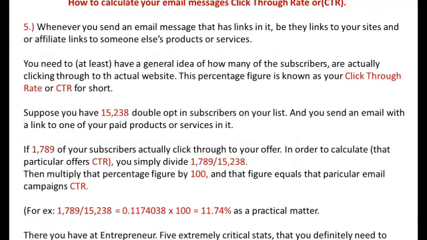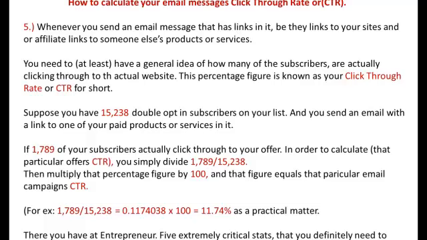So here's the way you figure that. Let's suppose you had 15,238 double opt-in subscribers, this figure right here, and you sent an email out to them, and a total of 1,789, or this figure right here, actually clicked through to your link. Now, we're not talking about how many people bought anything.